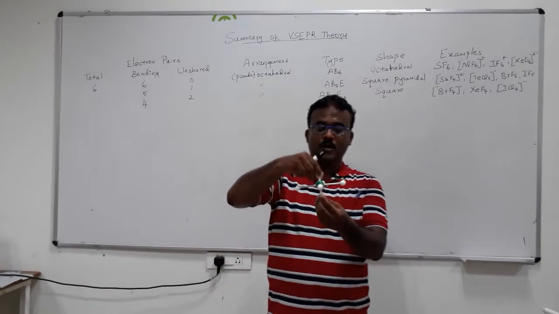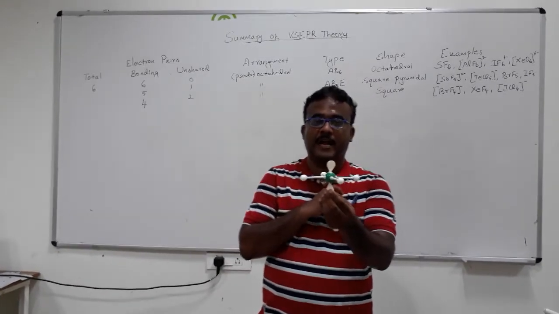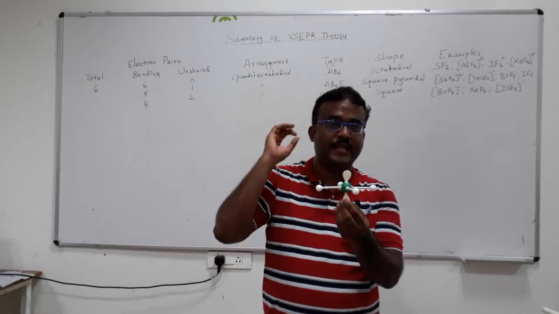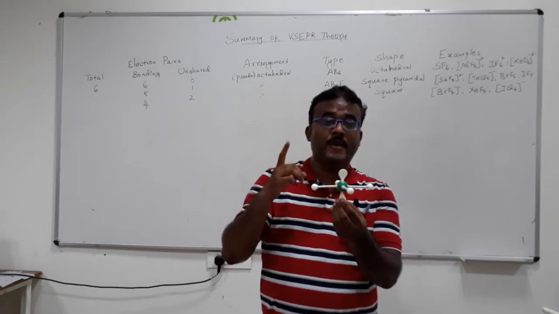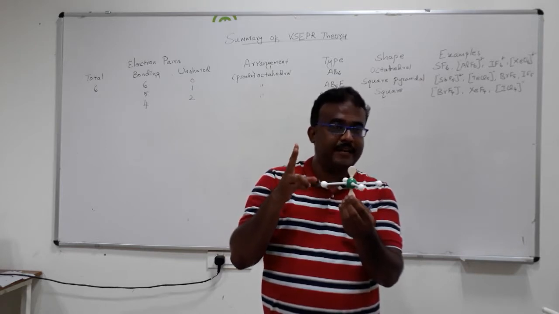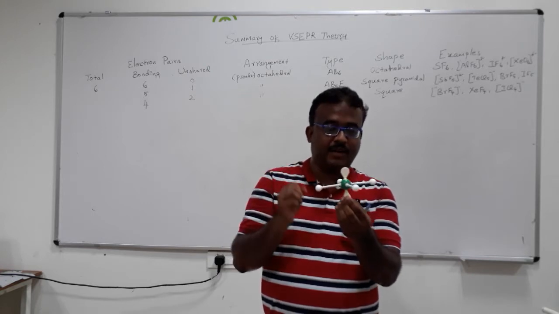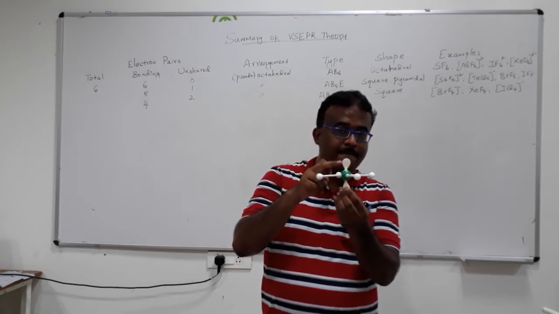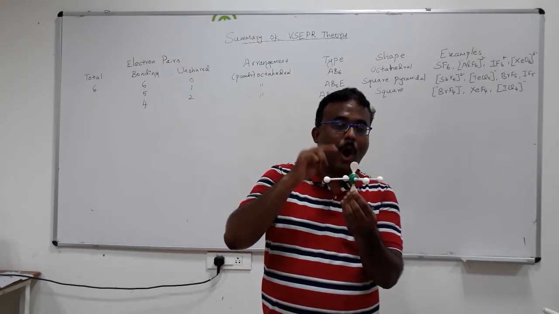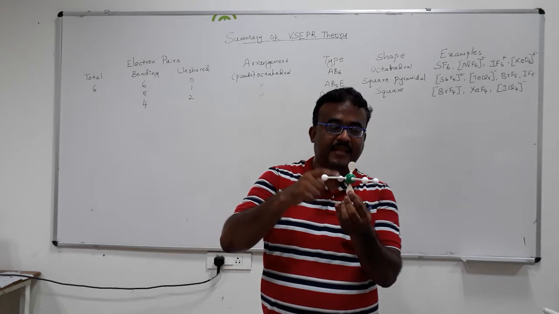You can see a molecule of square, because we know that according to rule number 2, in the octahedral all the sites are equivalent. So if the system has 2 unpaired electrons with bonding electron pairs, total electron pair 6 and 2 unpaired electrons, it has the geometry of square, because the 2 unpaired electrons should occupy trans positions to each other.